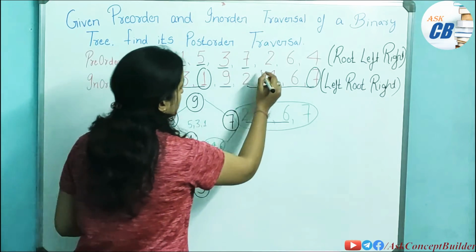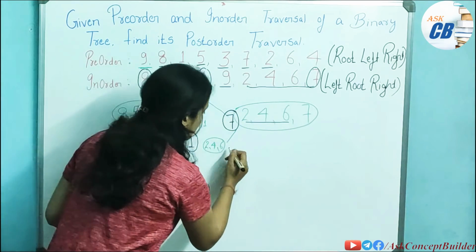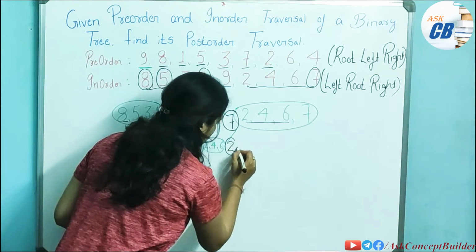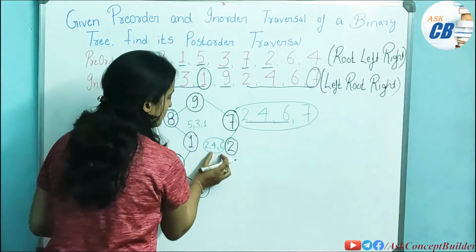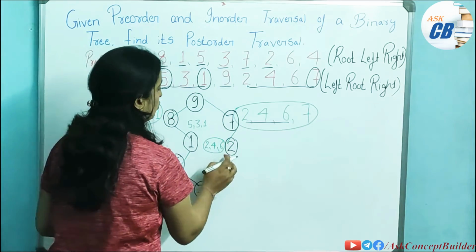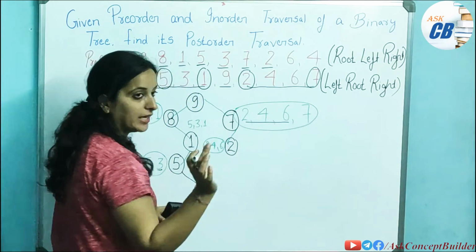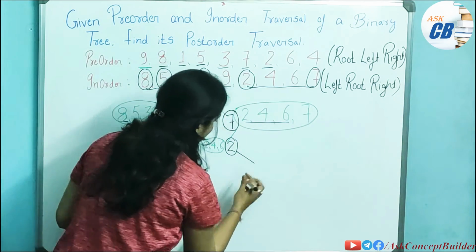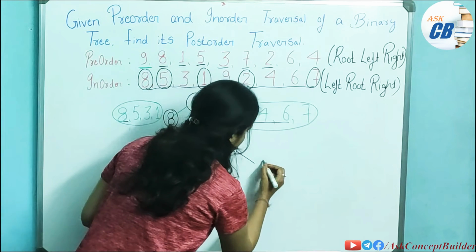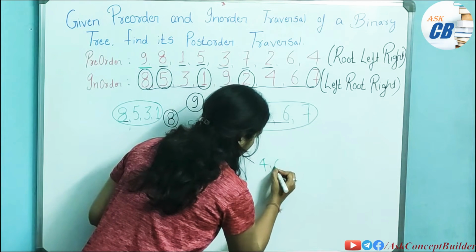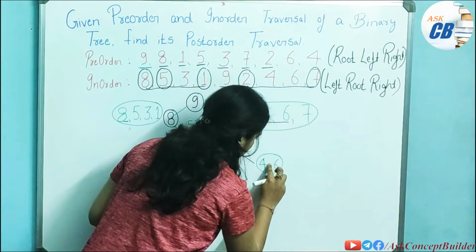Your next root node is 2. So among these, 2 will be a root node, and where will the elements 4 and 6 be with respect to 2? You will go to the in-order. 2 is here and 4 and 6 are on the right of 2. So you will mark these elements 4 and 6 on the right of 2.